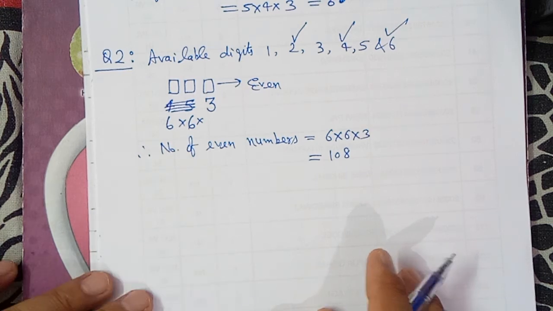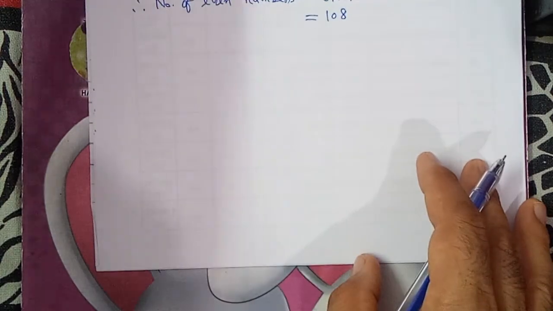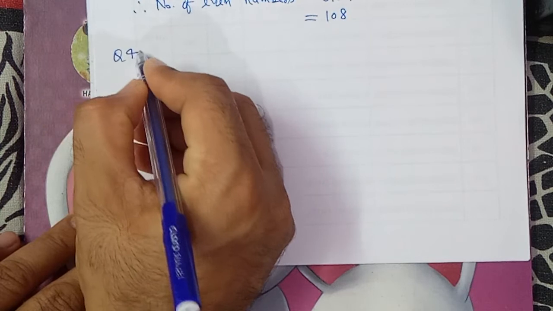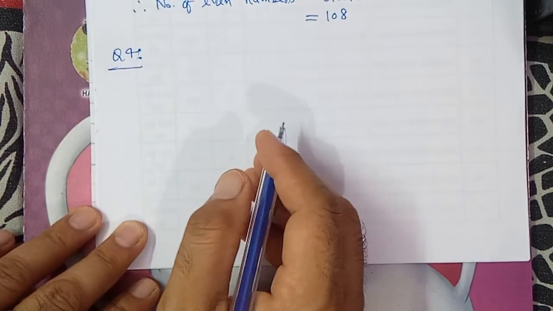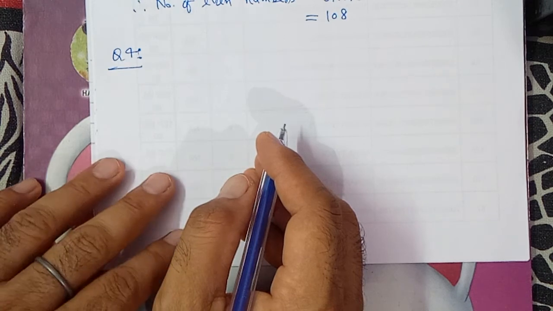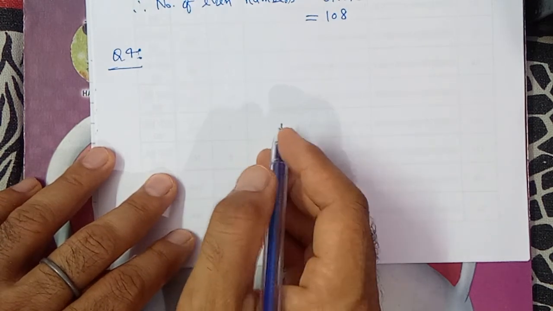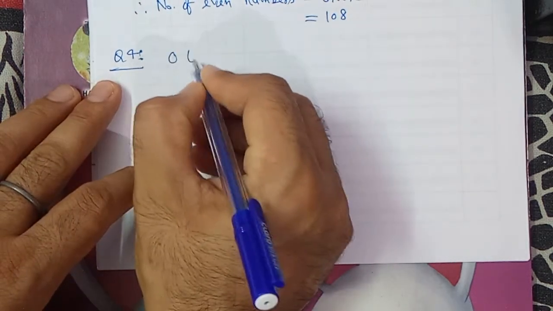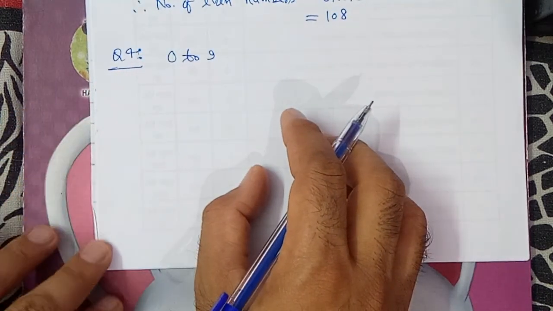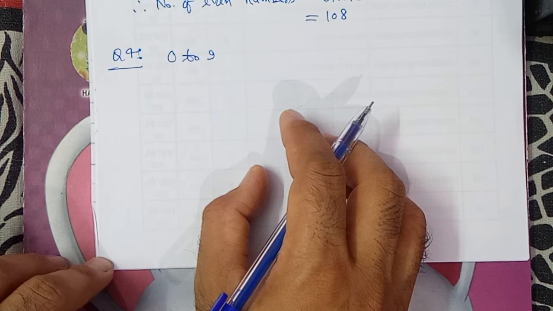Next is question number 4. Fourth question. How many 5-digit telephone numbers can be constructed using the digits 0 to 9? It means total available digits this time is 10, 0 to 9.